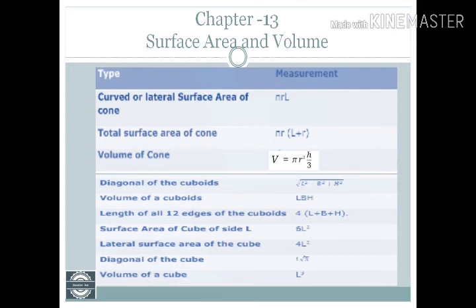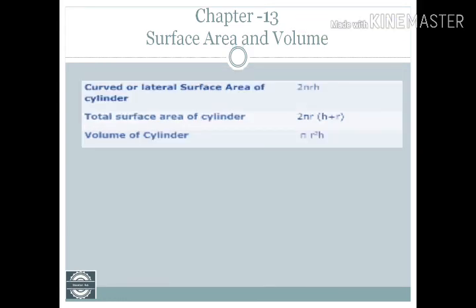Surface area of the cube of side l is 6l square. Lateral surface area of the cube is 4l square. The volume of the cube is l cube, and the diagonal of the cube is also given here.